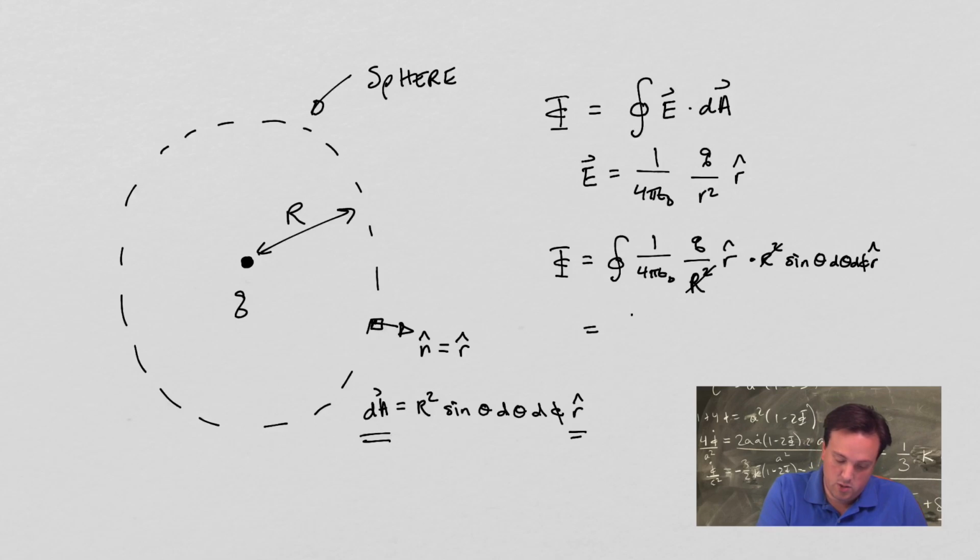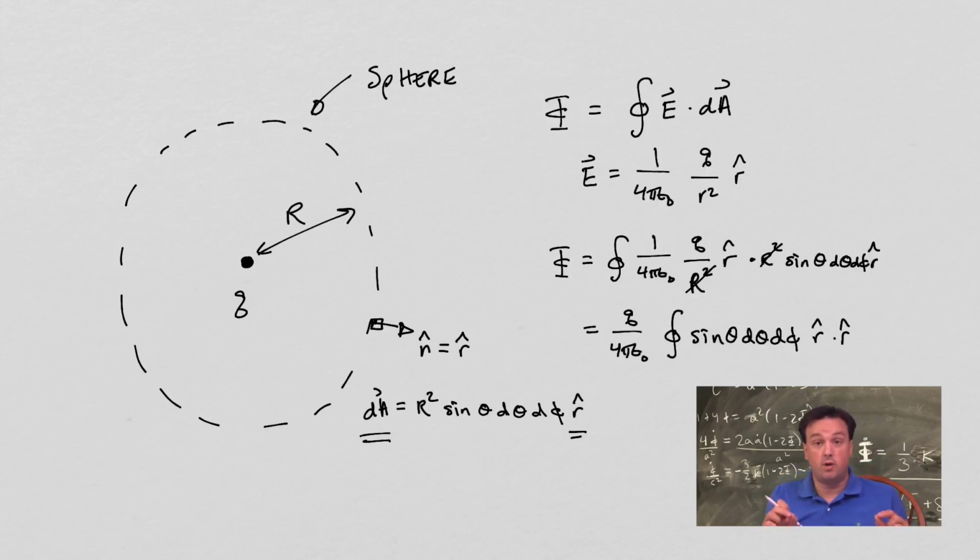I can pull the q over 4 pi epsilon naught out, and I have this closed surface integral of sine theta d theta d phi r hat dot r hat, right? And so I still have that dot product, but now that dot product is just hitting these 2 unit vectors. Now what's the angle between r hat and r hat? Well, 0. Of course, they're in exactly the same direction. So this dot product turns out to be just 1 because the dot product of 1 times cosine 0 is 1 times 1 times 1, which is 1. I feel like I'm in a Clue movie.